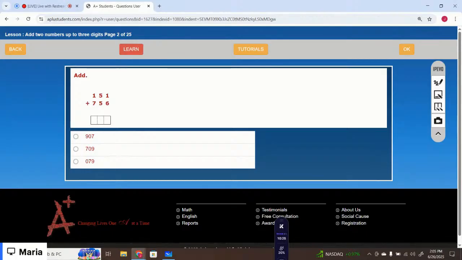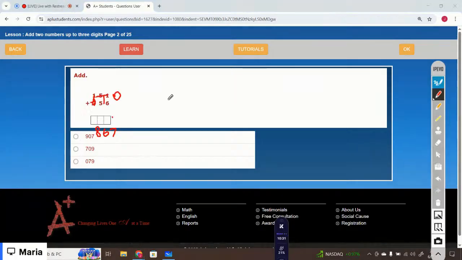Add 151 plus 756. So let's just start adding from the ones digit. We have 6 plus 1, that is 7. 5 plus 5, that is 10. Write 0 and carry 1. 7, 1 is 8, and 1, 9. So that is 907.